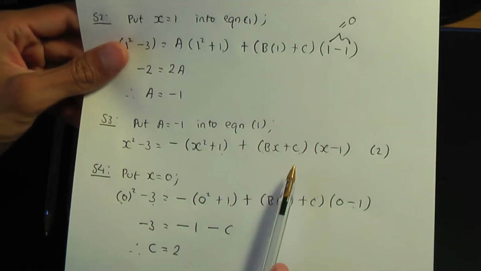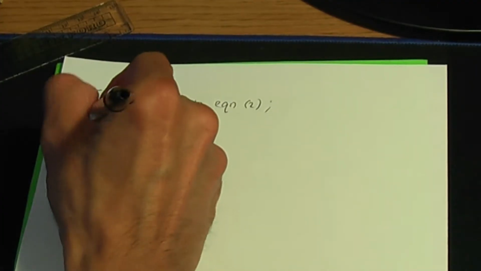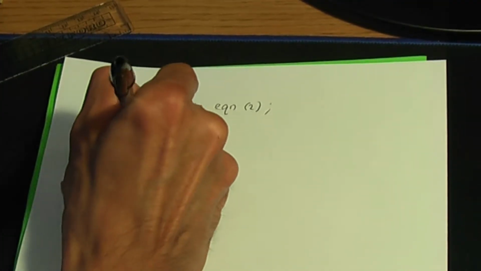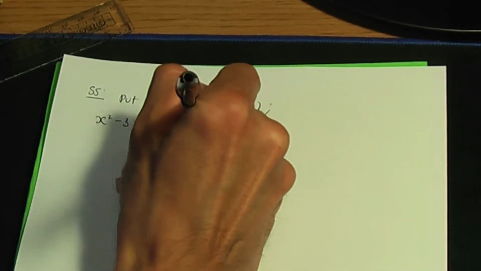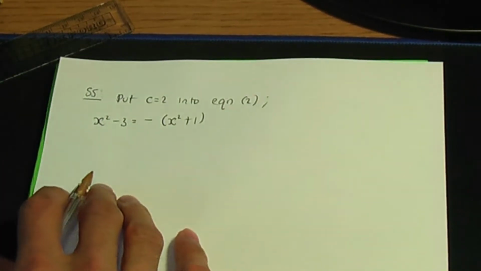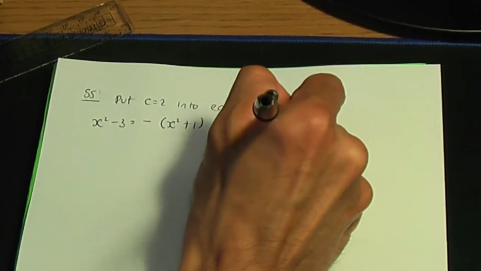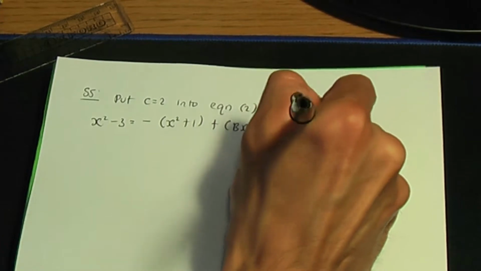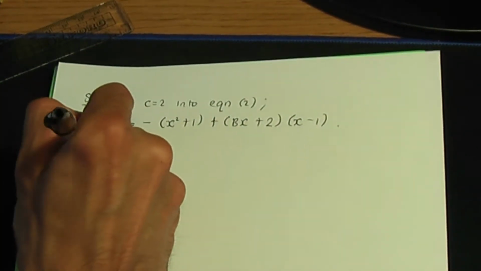If I put c is equal to 2 here, this is what we're going to have. We're going to have x squared minus 3 equal to minus into x squared plus 1, plus bx plus c, which is 2, into x minus 1.